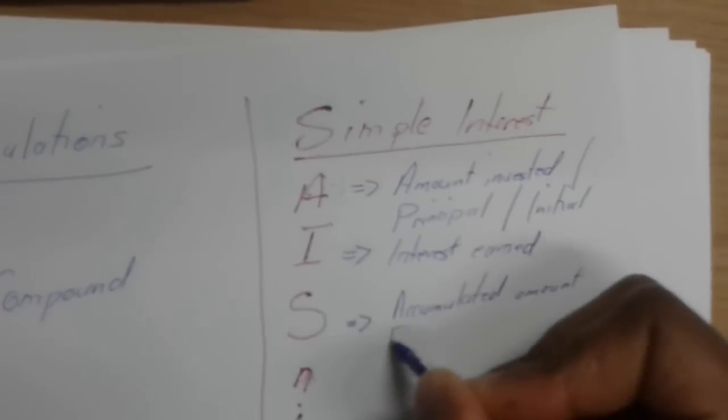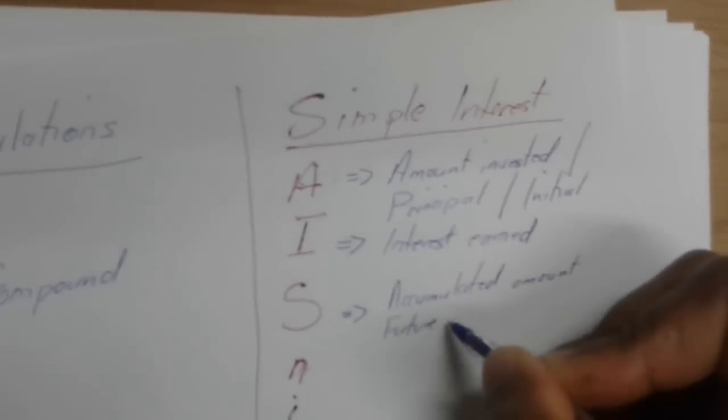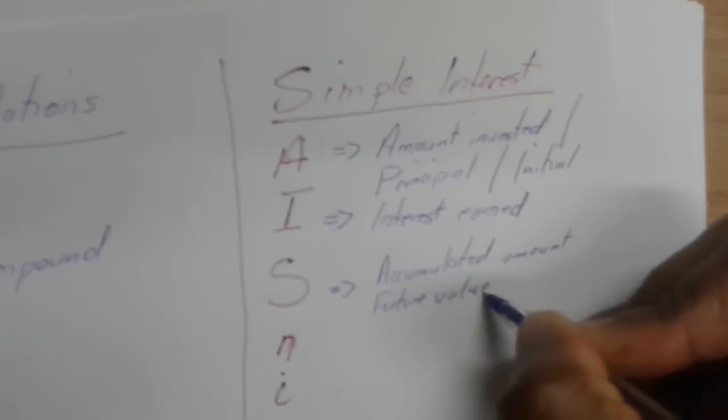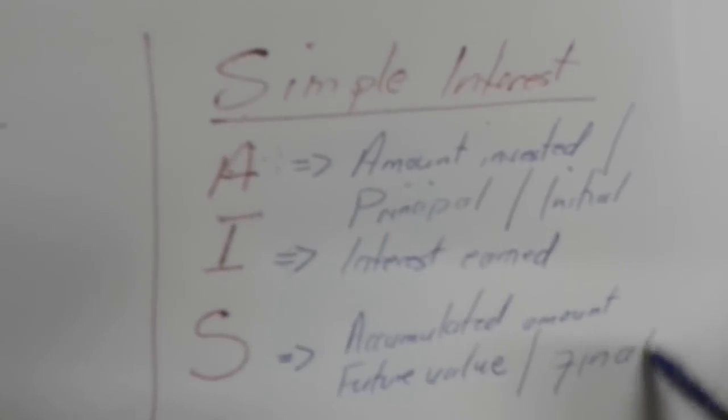Some they call it future value. Some they call it final amount. All those terms, again, you must be familiar.